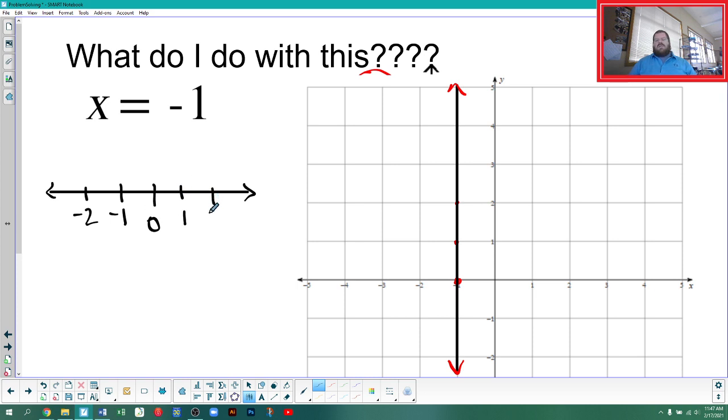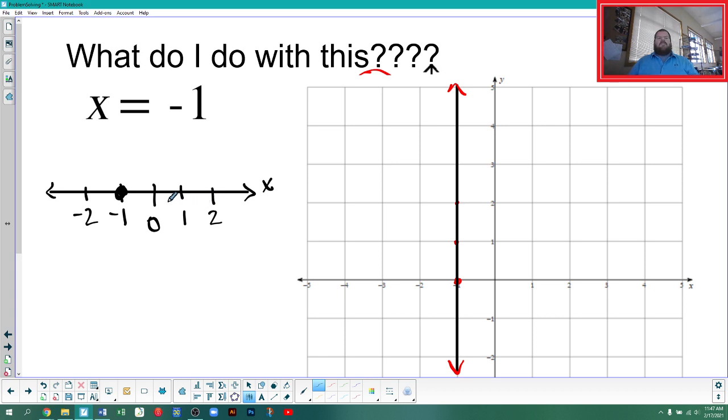We had all these. Well, really what we were doing is we were looking at the x-axis. And if you looked at this line right here, and you said x is equal to -1, you would just get that point.